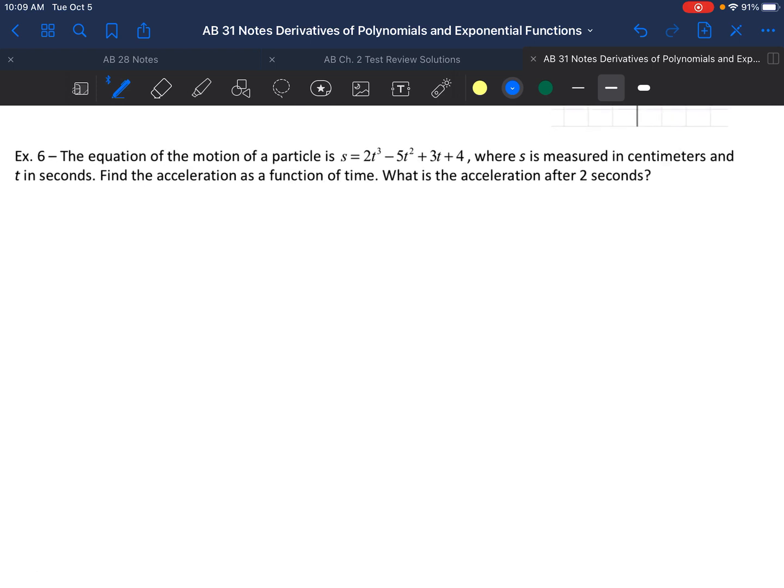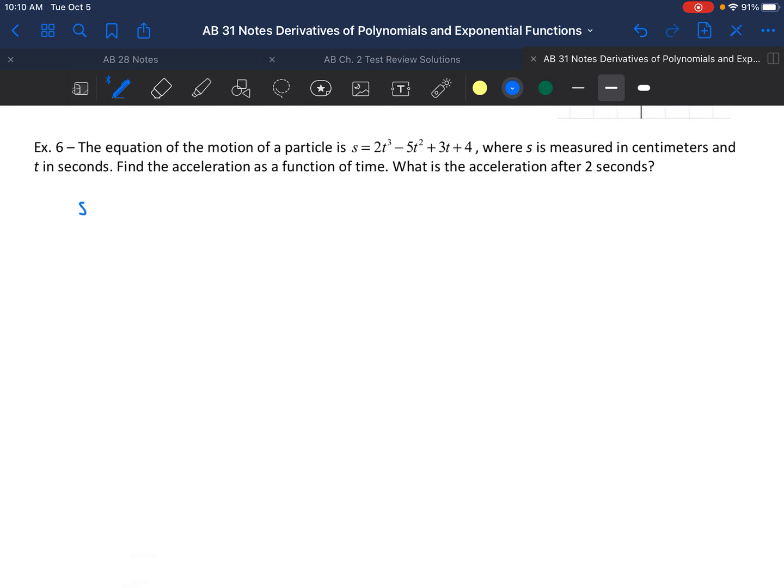We've got an equation for the position. So position is 2t cubed minus 5t squared plus 3t plus 4. Remember, velocity is the derivative of position. That would give us 6t squared minus 10t plus 3.